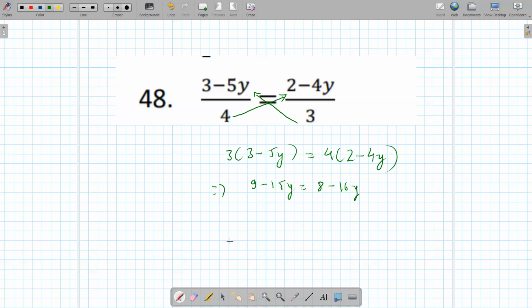Could you move the 15y to the other side? So what do we do on both sides to move that 15y? You add it? Yeah, exactly. So you get 9 is equal to 8 minus negative 16 plus 15 is 1y. Now what?